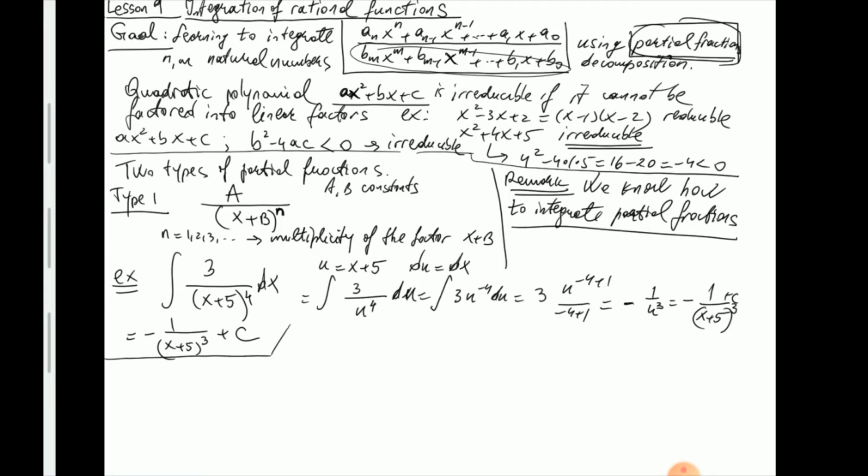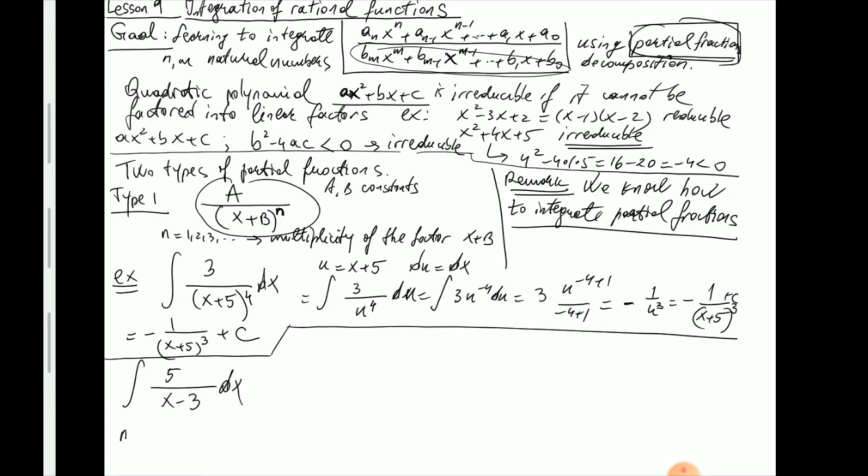Oh, and by the way, let's do another quick example of type 1, and then we'll move on to the second type of partial fraction. All of these involve the power rule when you integrate them, with the exception of when n is equal to 1. So if you have, let's say, 5 over x minus 3, here's another example. This is multiplicity 1, when n equals 1.